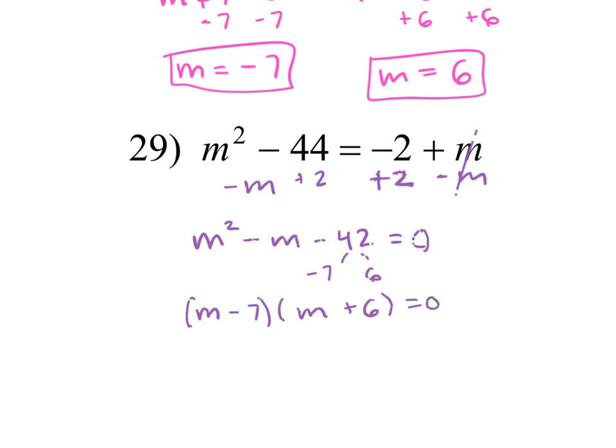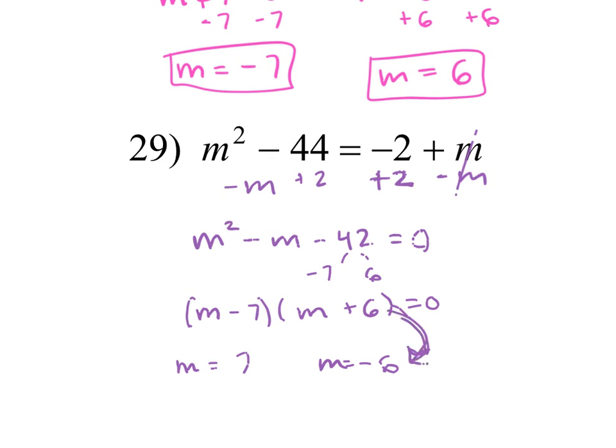I have a question. Yes. If the next step is going to be us turning it into m equals positive 7 and m equals negative 6, do we have to do that step that we're doing right now, or can we just write the answer? I want to see your steps, but if you can go from here to here, that's fine. But I want to see all of these steps. I want to see you moving it, this part, and this part.